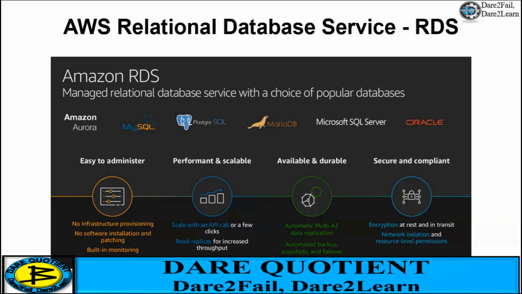You do not need an infrastructure, and there's no need for you to install or manage the database software because Amazon already does that for you. They're highly scalable, highly available and durable. And also, they're quite inexpensive.